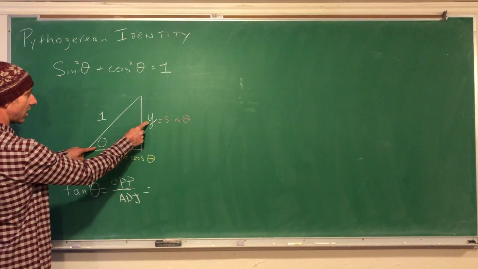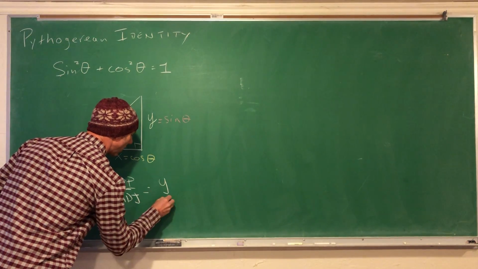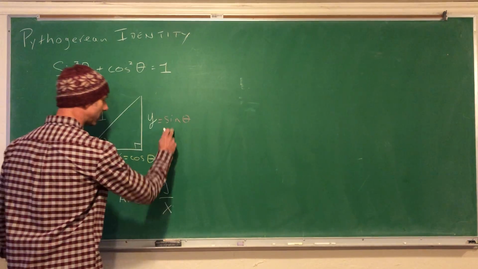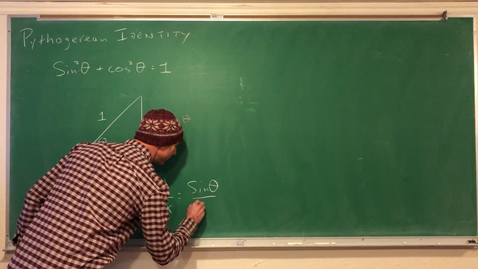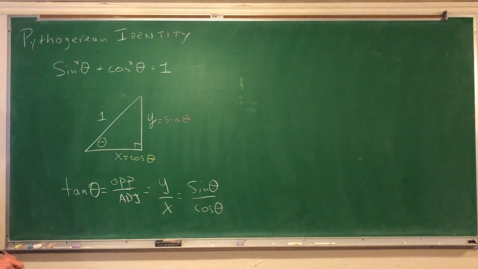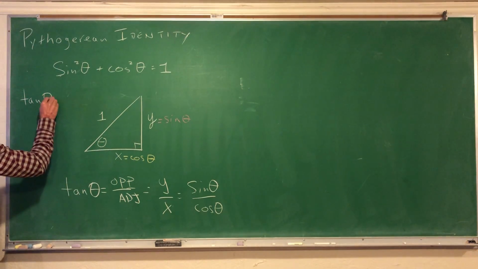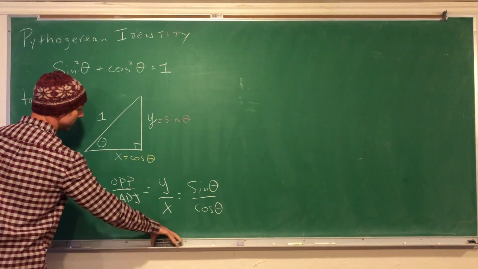This is opposite, this is adjacent, so I'm going to call this y over x, or sine theta over cosine theta. So we just derived another relationship here, and it says tangent theta is sine theta over cosine theta.